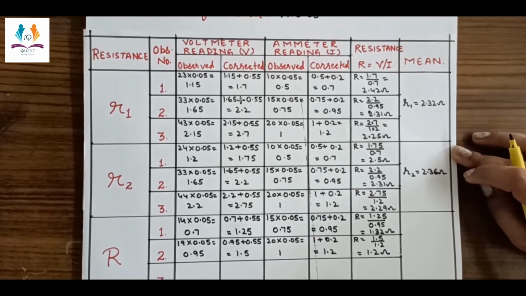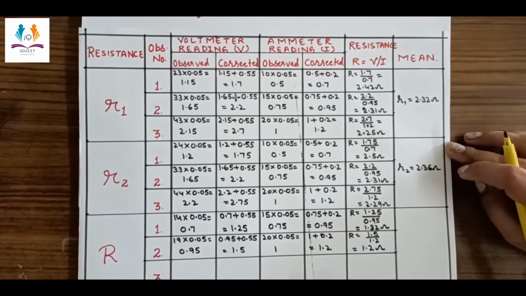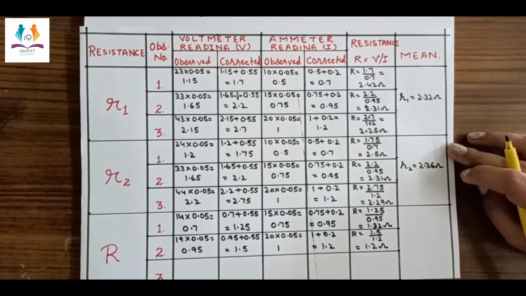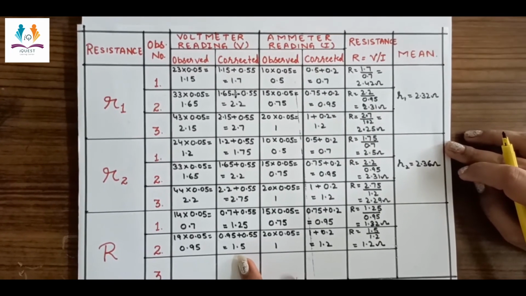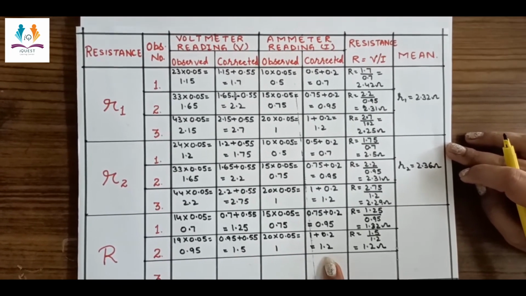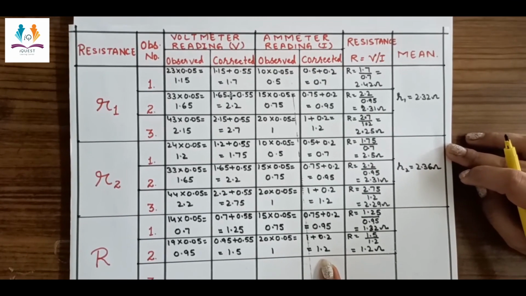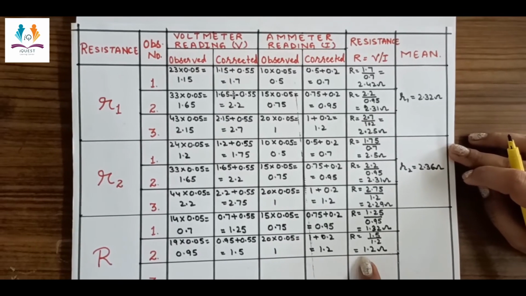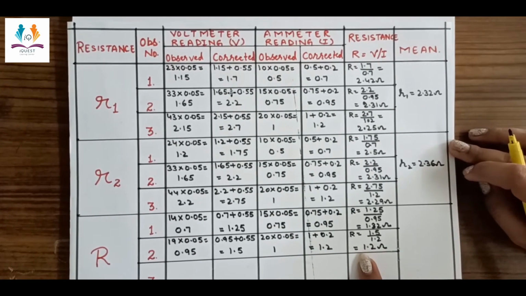In the same way, I have done the calculation for the second observation, by which I have got the reading of the voltmeter as 1.5 volt and the reading of the ammeter as 1.2 ampere. When I use these two values, I get the resistance equal to 1.2 ohms.